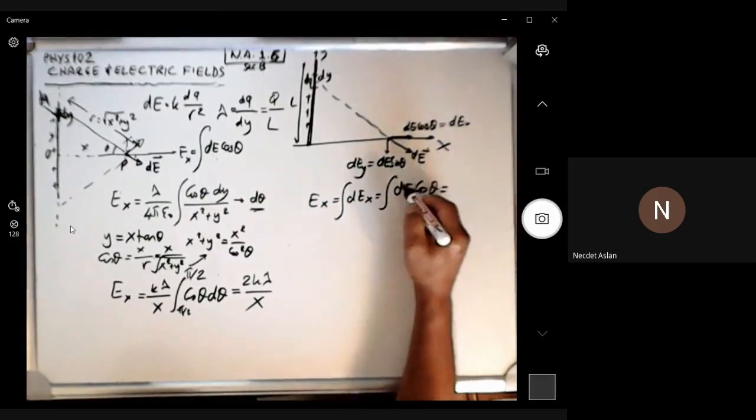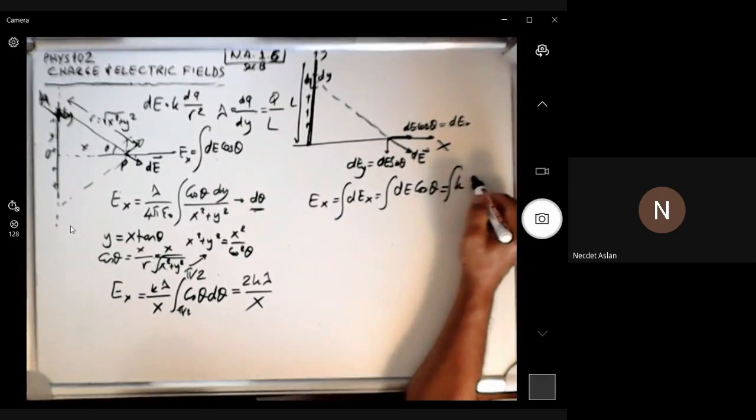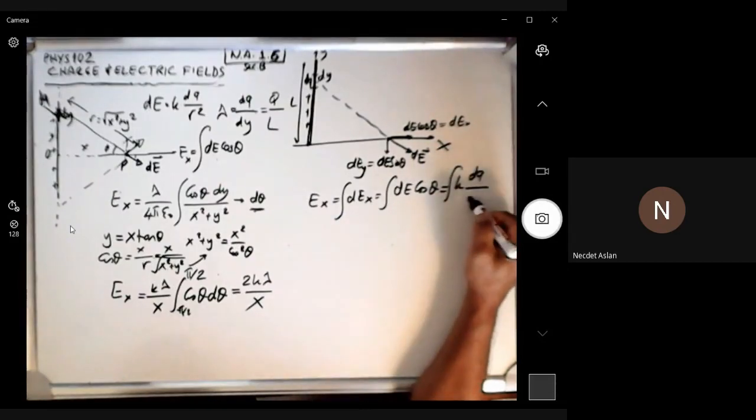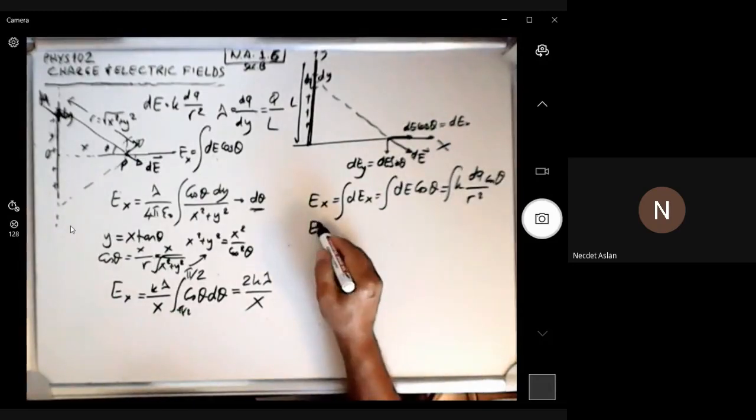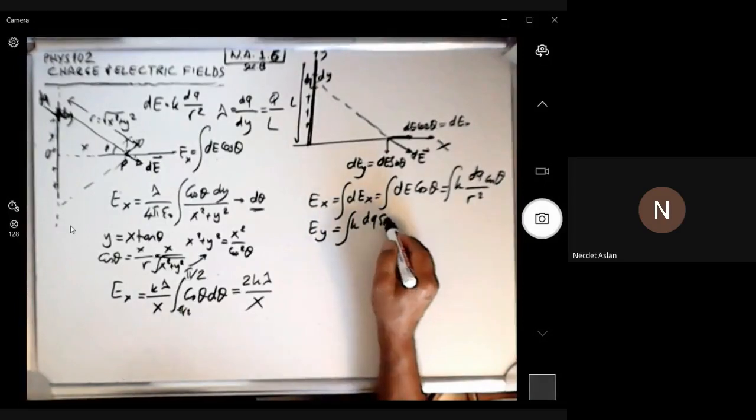But dE is again k dq over r squared, and Ex is k dq over r squared times cosine theta, and Ey will be similarly given by k dq sine theta divided by r squared.